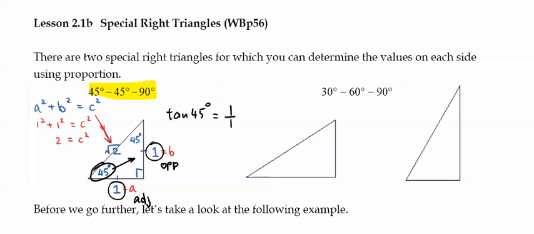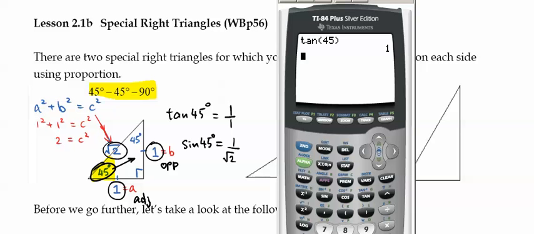At the same time, let's say I want to find the ratio for sine 45 degrees, using the same angle here again, the line opposite to it will still be 1, and the adjacent side would now be root 2. On my calculator, we will indeed end up with 1 over root 2.